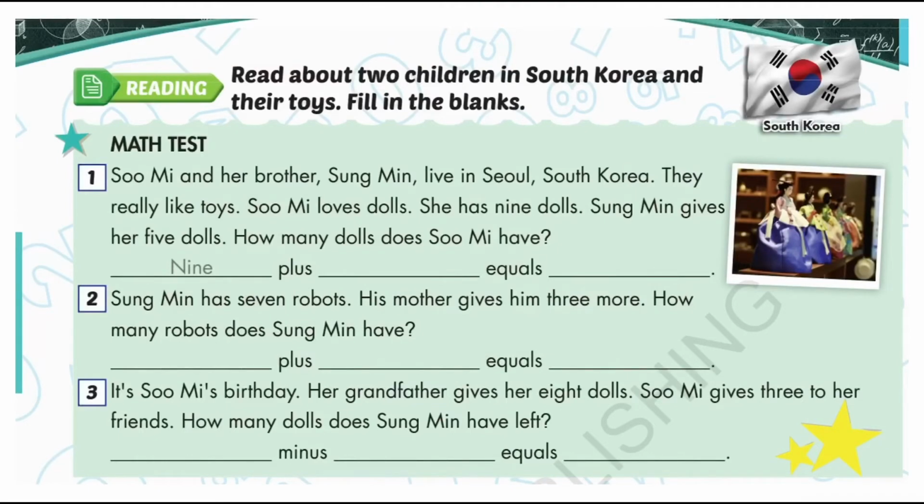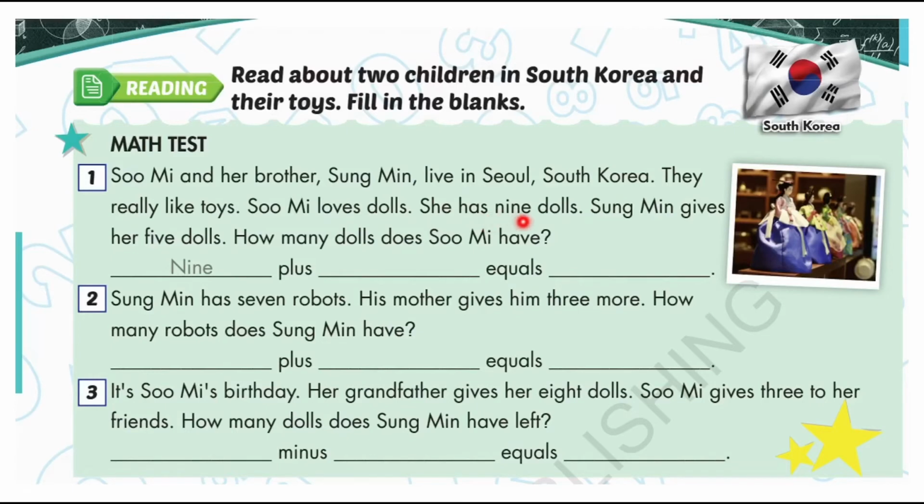Is math taste? So you have to read this one, and I will help you read. Then you just write down the solution of mathematics for each one. Let's see. 1. Sumi and her brother Sungmin live in Seoul, South Korea. They really like toys. Sumi loves dolls.